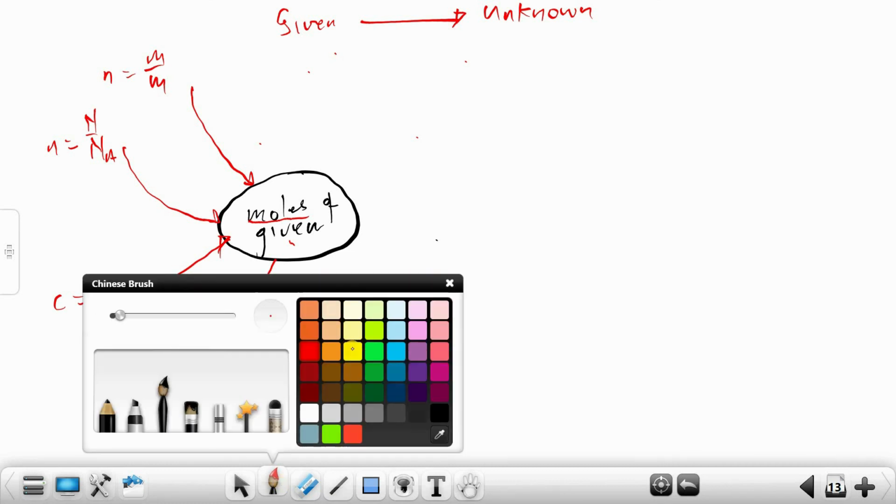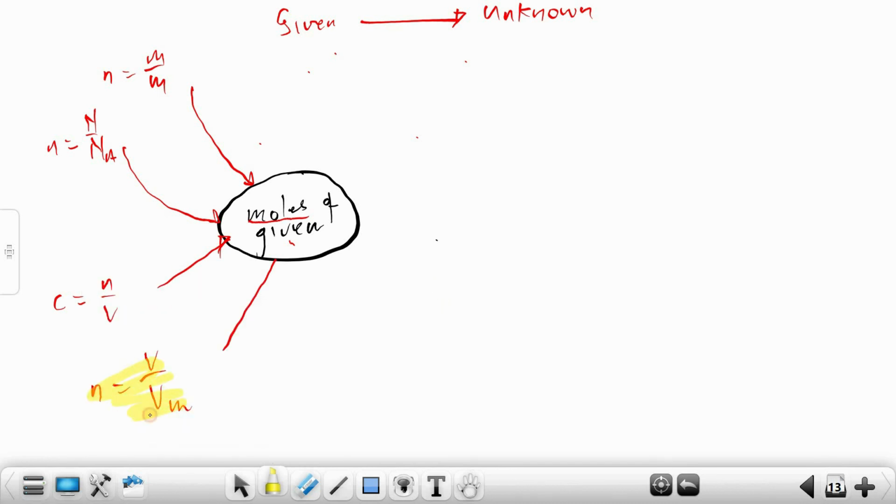So I must be in a position of using each one of them to calculate the number of moles. That will depend on the information that is given. So from the information given, I must somehow be able to calculate what? The number of moles.